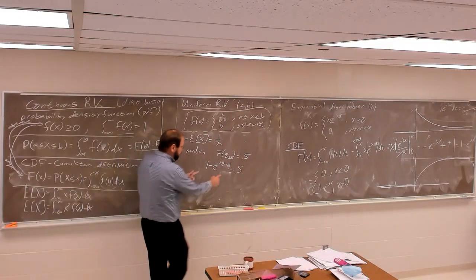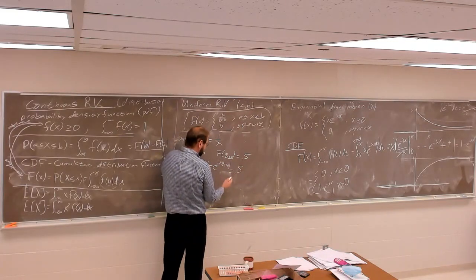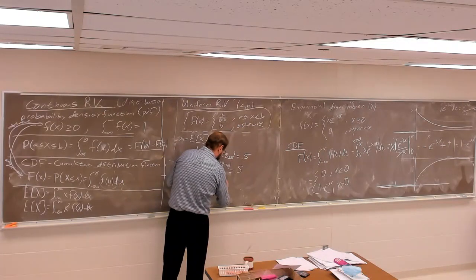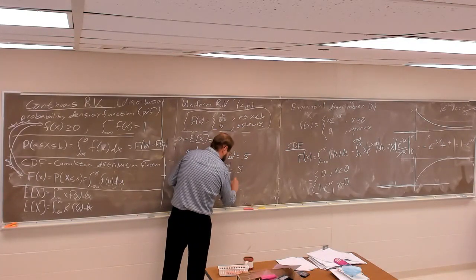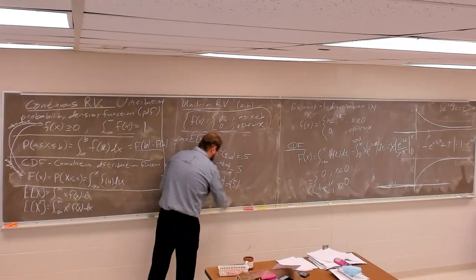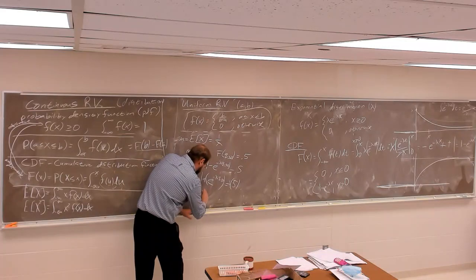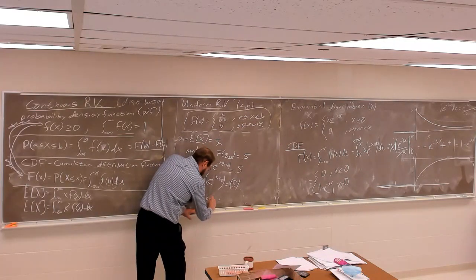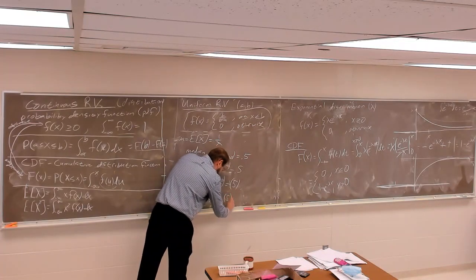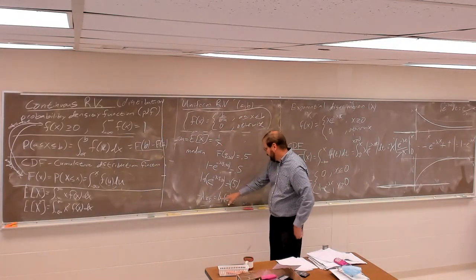And how can I do that? Let's see. Well, I could subtract 1 from both sides, and I could multiply both sides by -1, and I would say e to the negative lambda q 0.5 is equal to, it's still 0.5. I could take the log of both sides, right? And then this would come out in front, and so then I'd have negative lambda q of 0.5 is equal to the natural log of 0.5.